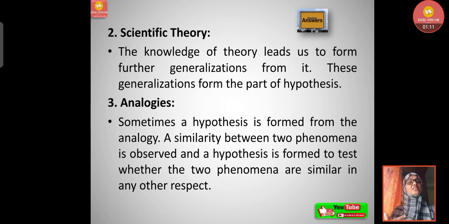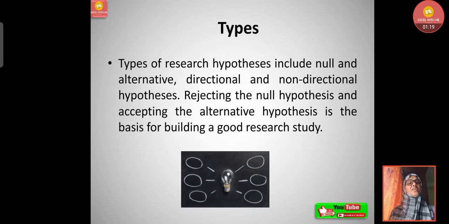And analogies, that is sometimes a hypothesis is formed from the analogy, that is the similarity between two phenomena. Now let's understand in detail the types of research hypothesis, which include null and alternative, directional and non-directional hypothesis.